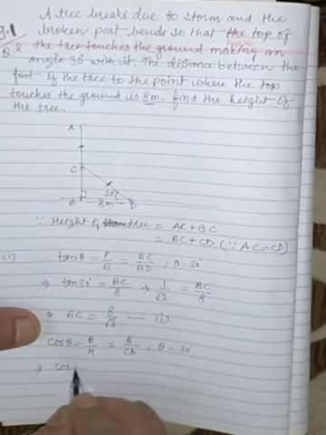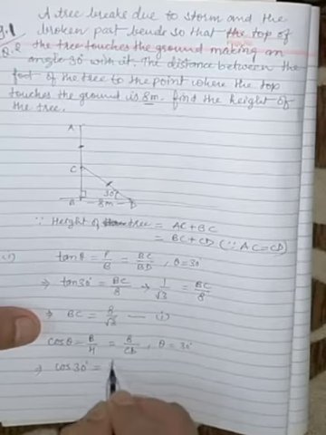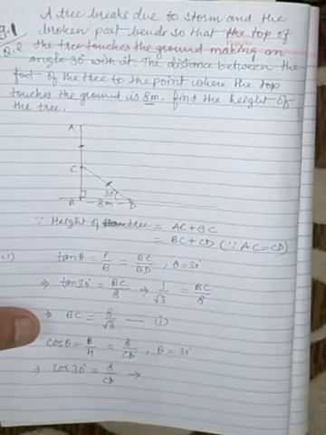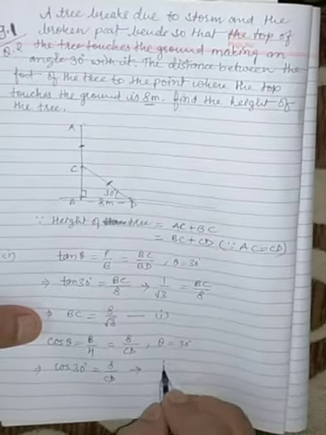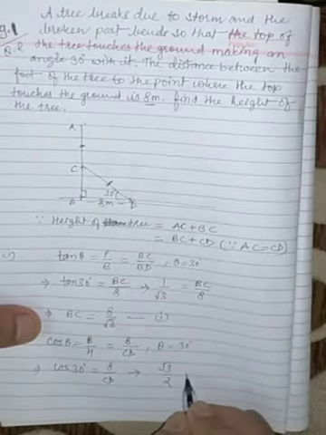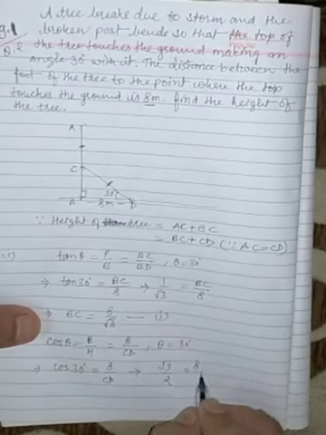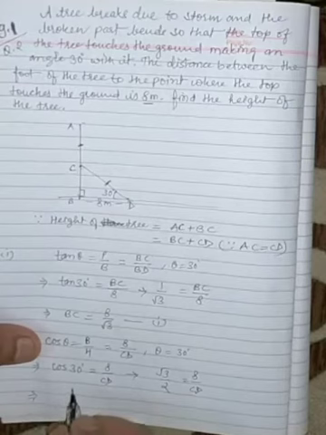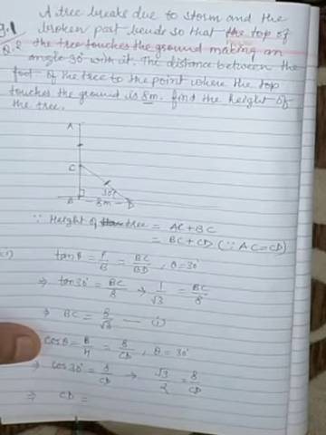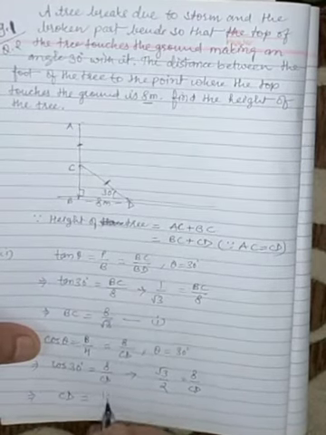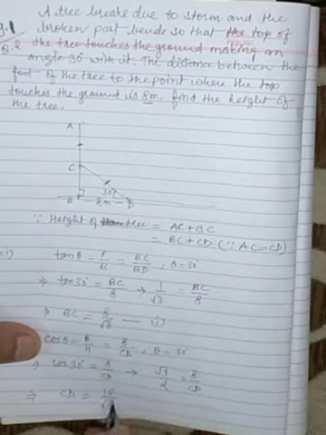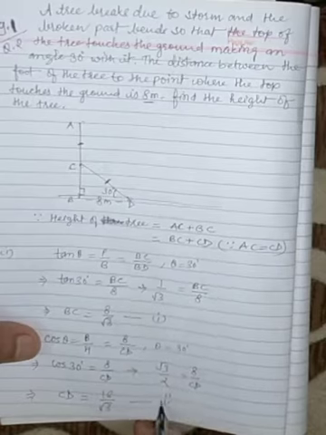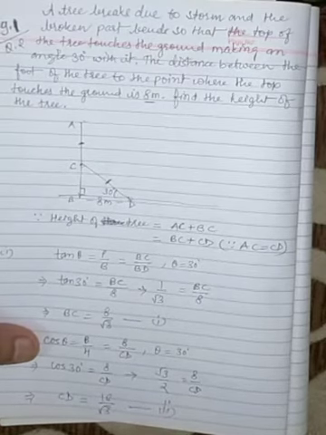So cos 30 degree is equal to 8 upon CD. This means that cos 30 is root 3 upon 2 is equal to 8 upon CD. Therefore, CD will be equal to 8 into 2, 16 upon root 3. Let this be the second part.